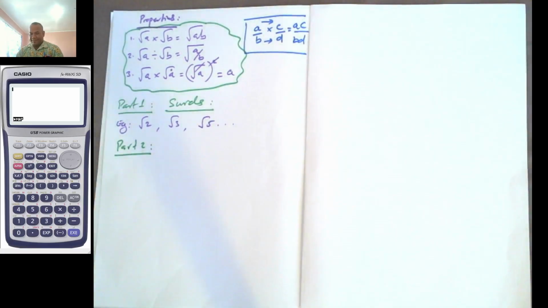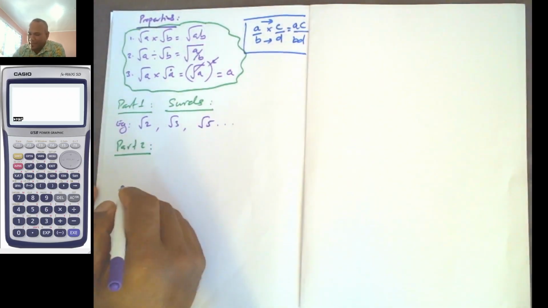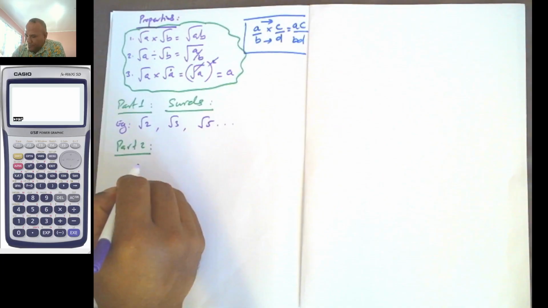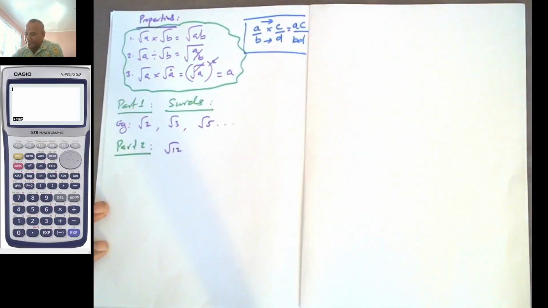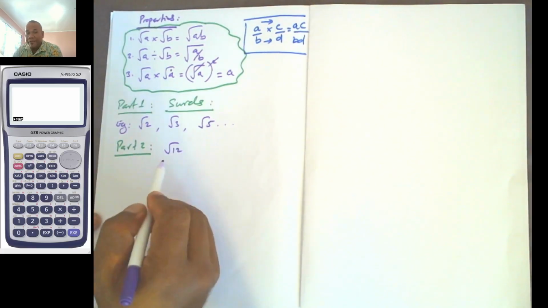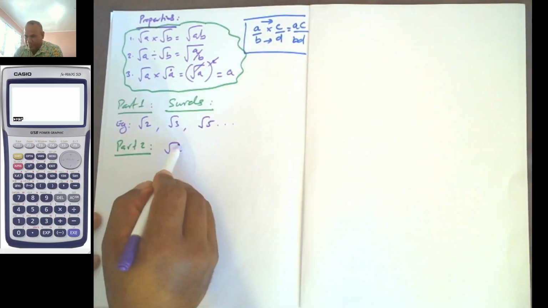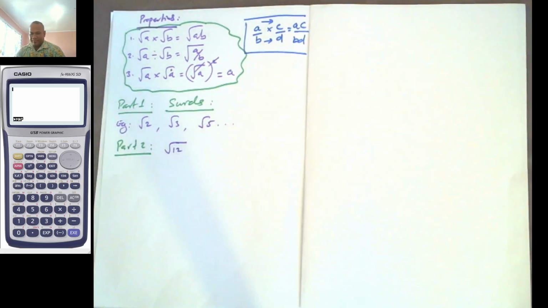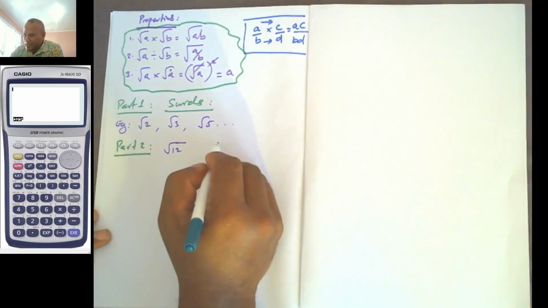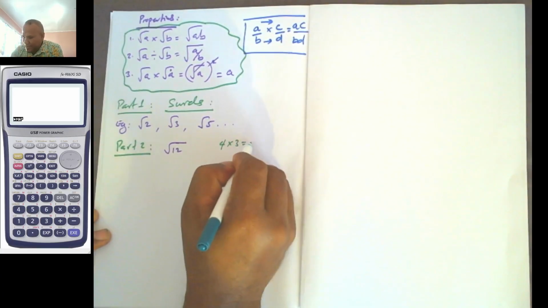Simplifying surds. Now let's simplify surds step by step. Let's look at one example. Let's say the square root of 12. When we solve the square root of 12, we need to look for a perfect square inside 12. If I break 12 apart, a perfect square inside 12 is 4, because 4 times 3 gives me 12.